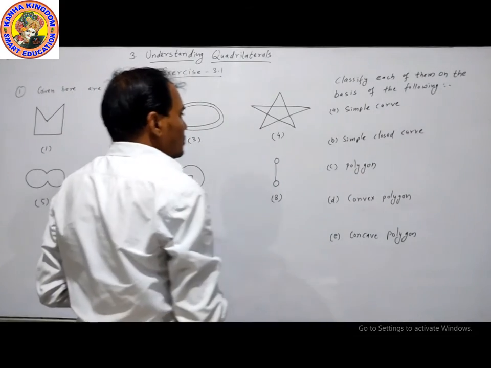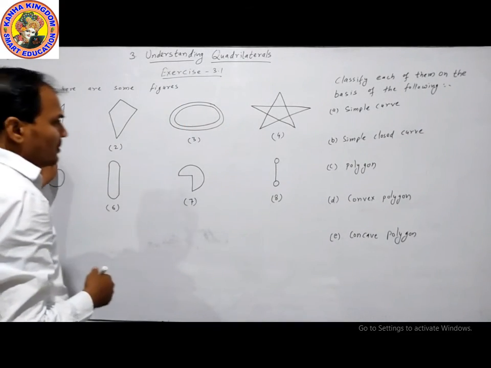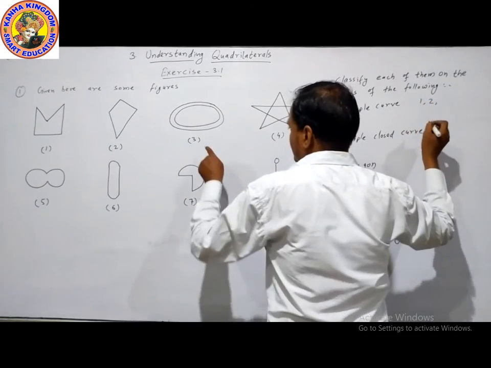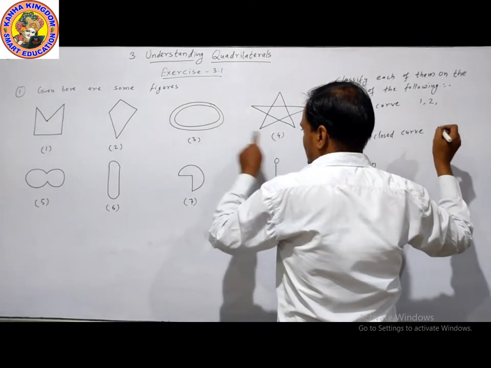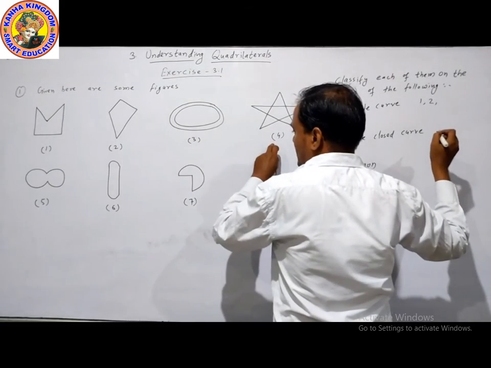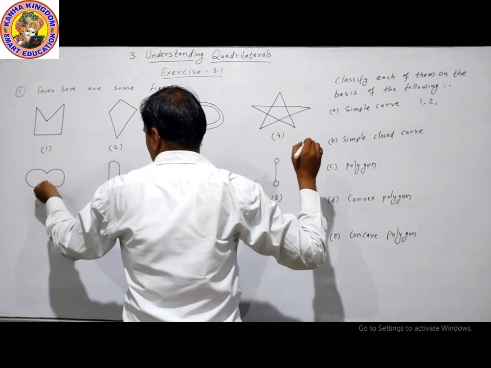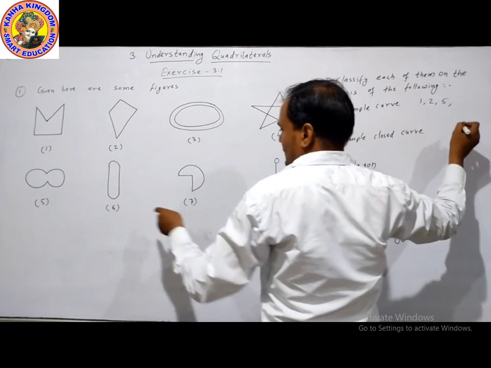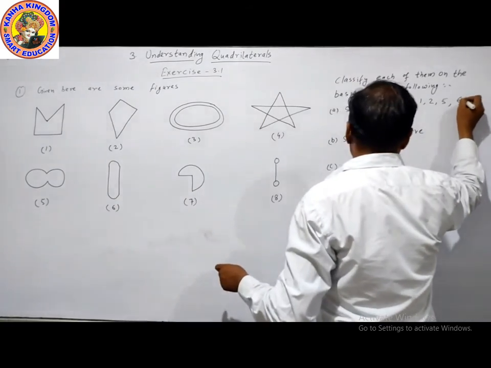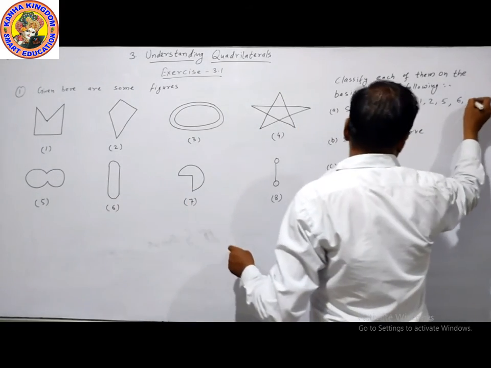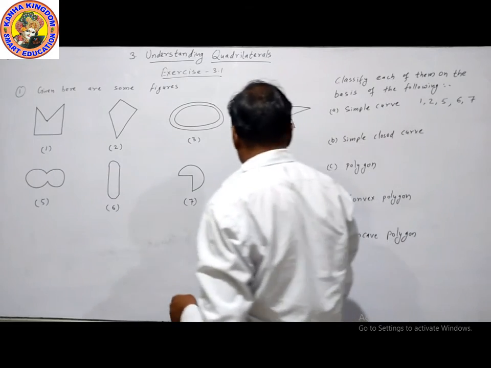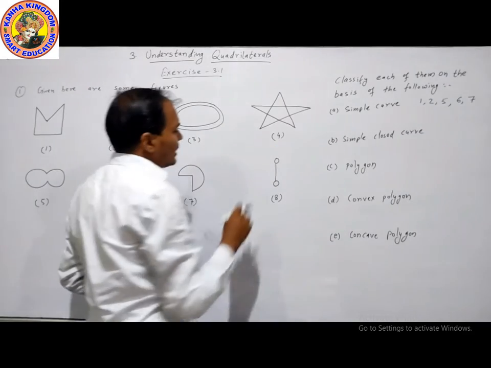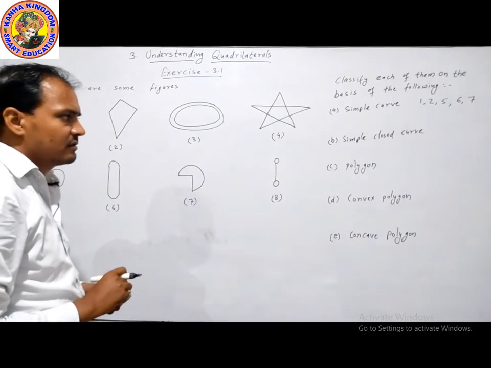So which are simple curves? 1, 2, 3, 4 are not. Then 5, yes, this can be drawn simply. 6, this also can be drawn simply. 7, this can also be drawn simply. But in this diagram there are 2 circles which are joined by a line, so this is complex.